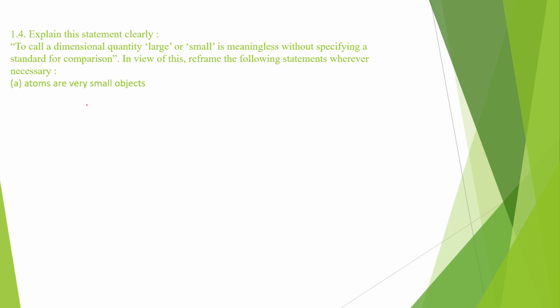So here, atoms are very small objects, you can say, because we cannot see them with the naked eye, or you can say it is smaller than the tip of a pin. Actually this statement is true. Or you can say you cannot see them without a microscope or any device that can enlarge the objects.